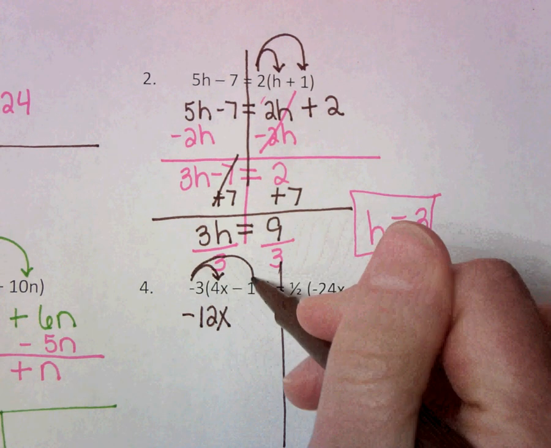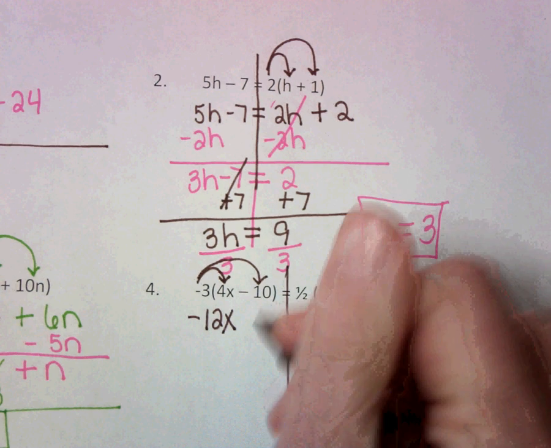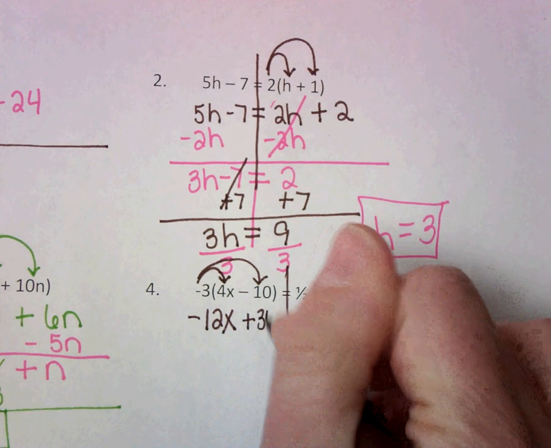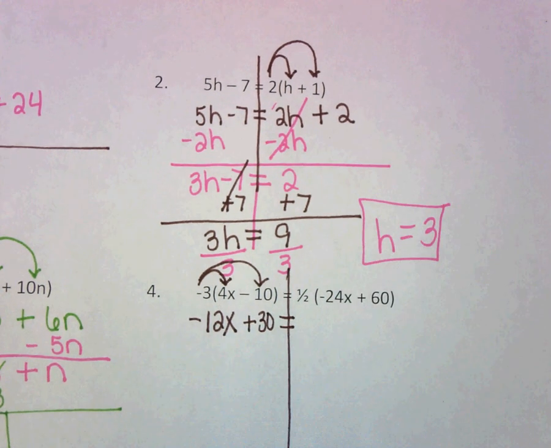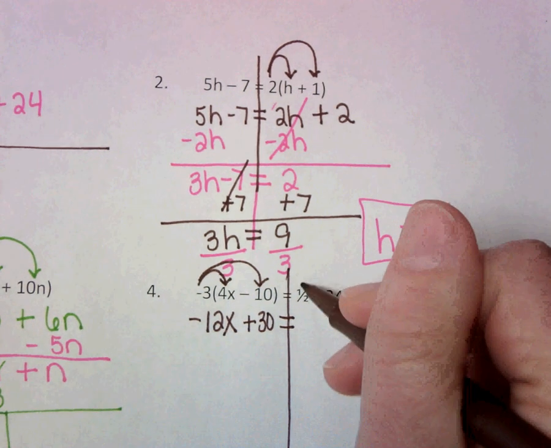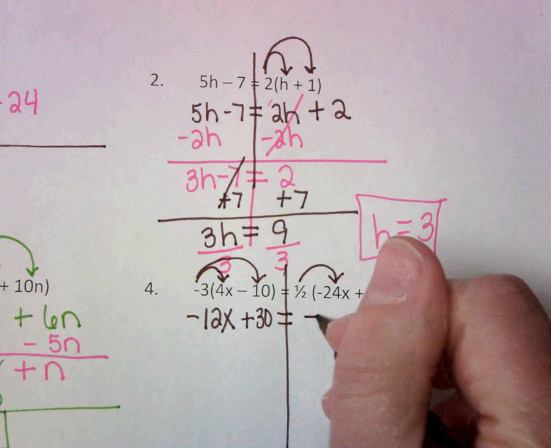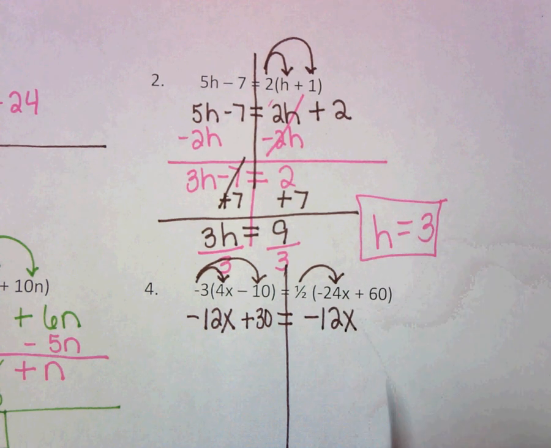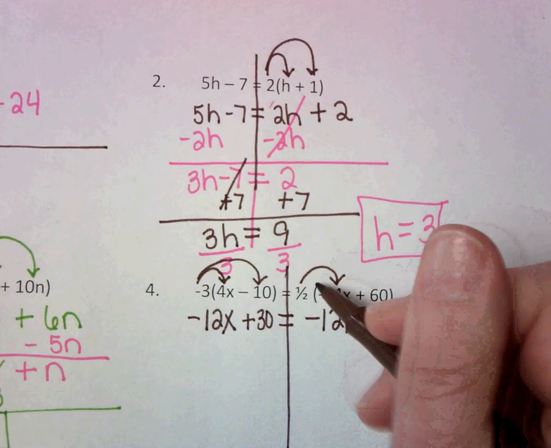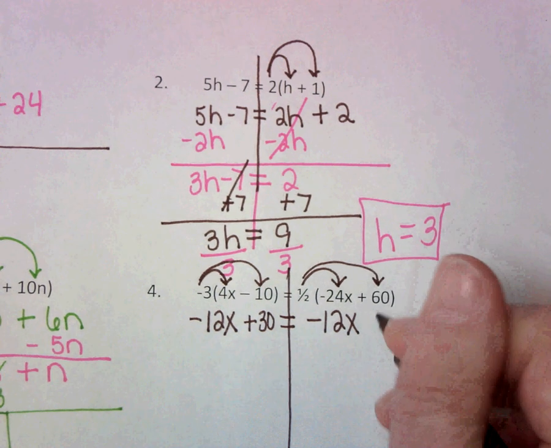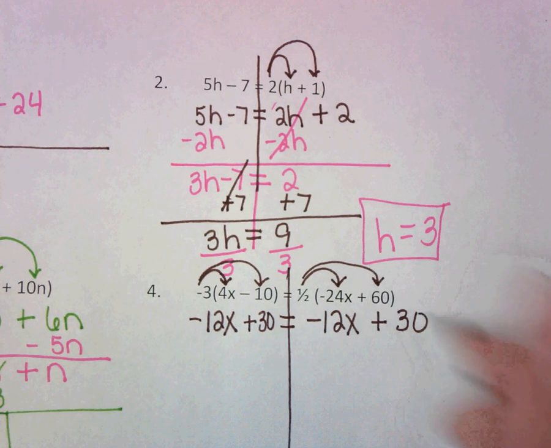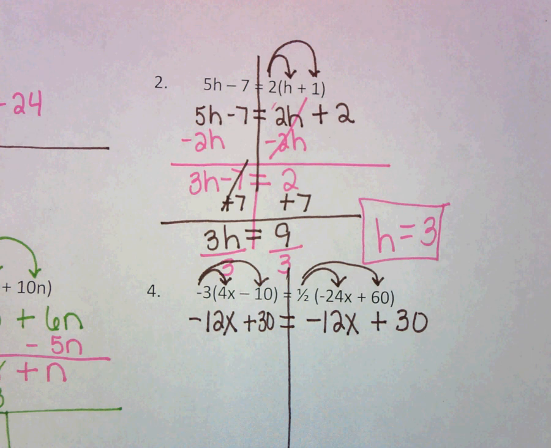Negative 3 times negative 10 is positive 30. 1/2 times negative 24x is negative 12x. 1/2 times 60 is 30. Oh, and I just gave you a special one, and I didn't mean to.